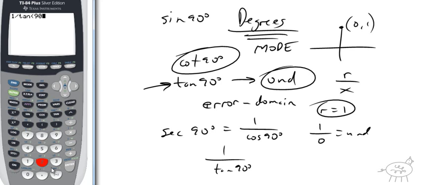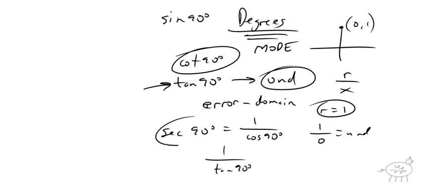Secant of 90, that's pretty easy. So let's just do 1 divided by cosine of 90. Well, what is that? Dividing by 0. Isn't that error again? Can't do that. So secant of 90 is undefined. Okay? If I did secant of 0, what's secant of 0?